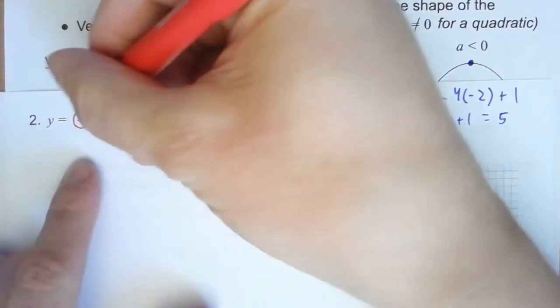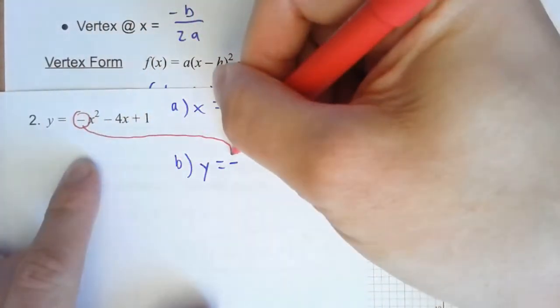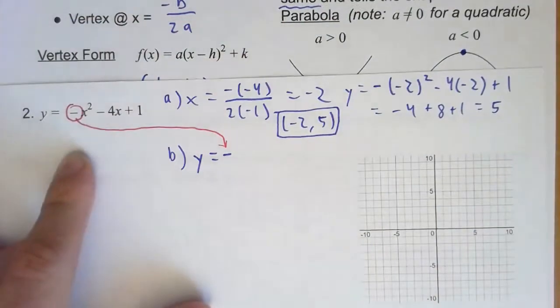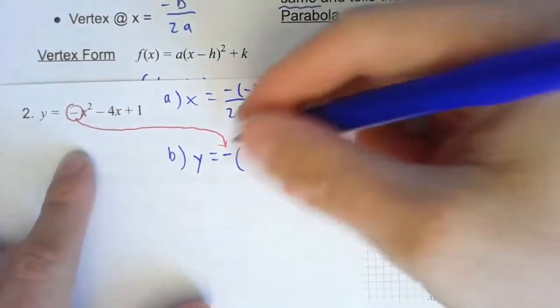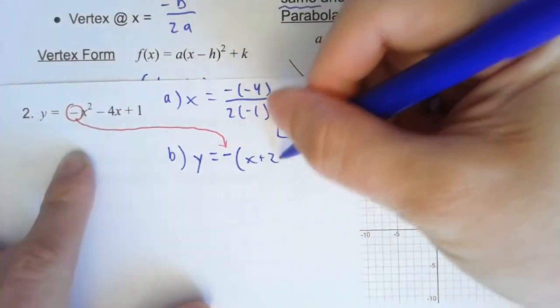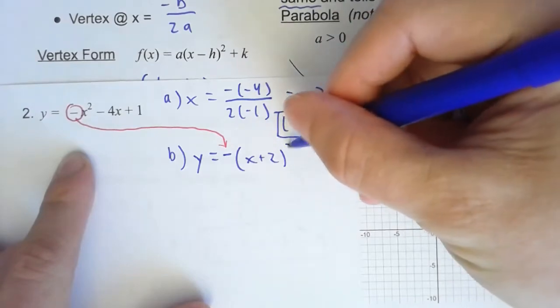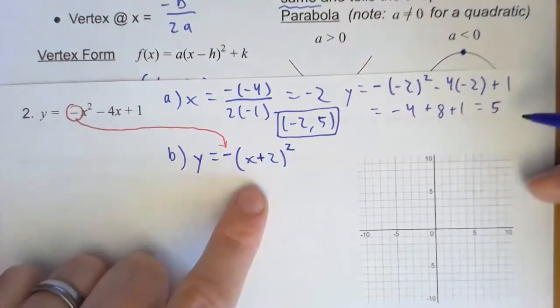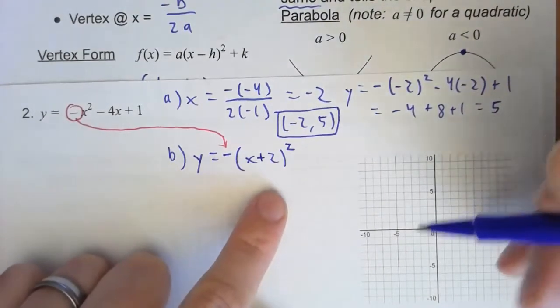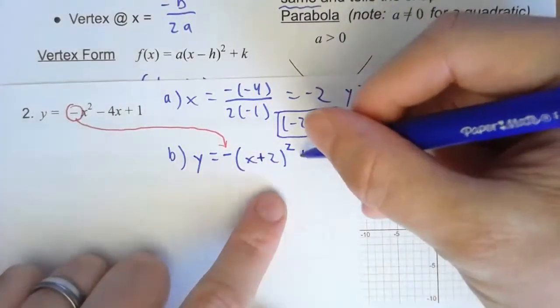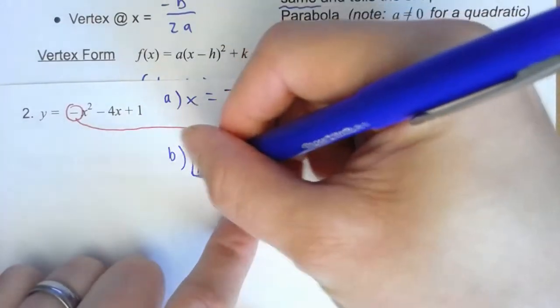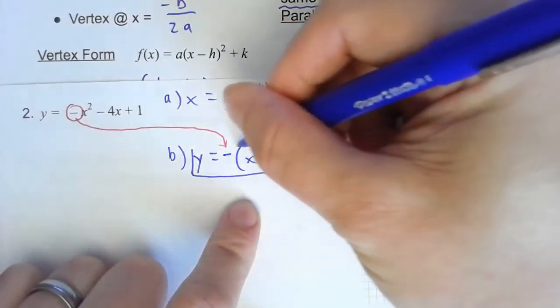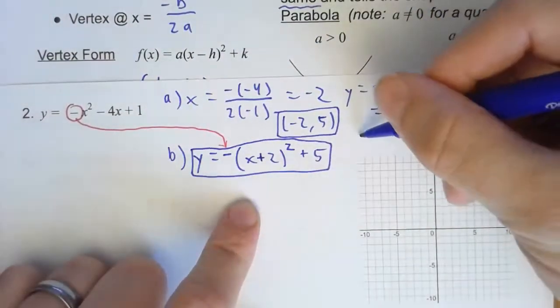Whatever the a is right here, just copy it. And then x equals -2 goes with x plus 2. Don't forget your squared. It is a parabola, quadratic. And then the y of the vertex is 5. If we want to go up 5, we need a plus 5 here. So there's our vertex form.